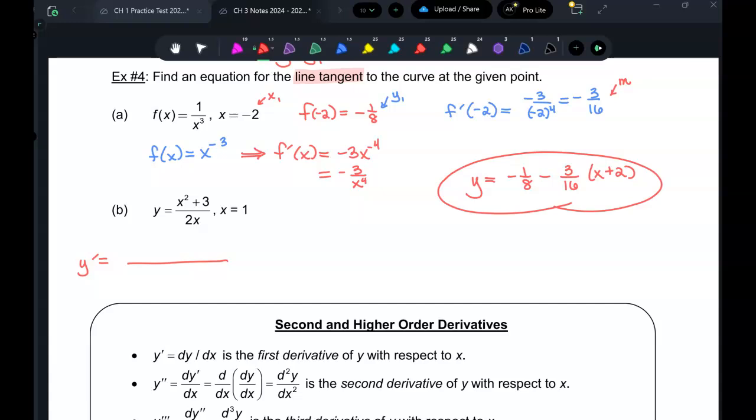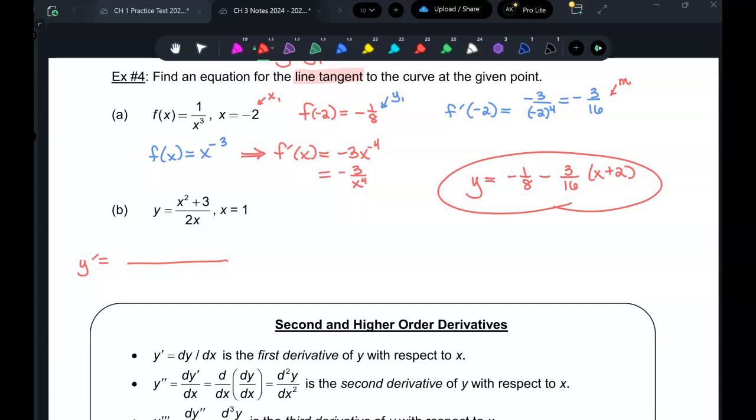So sometimes there's more than one way to find it. There's a lot of things in math where there might be 2 different ways to get to the same answer. One way might be a little bit longer than the other. So if you have a fraction, you can always do quotient rule.